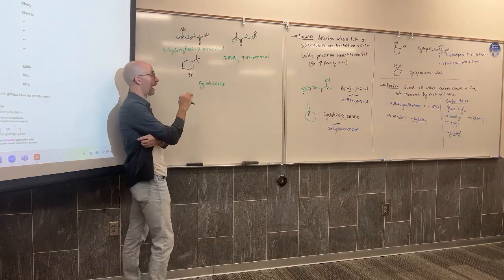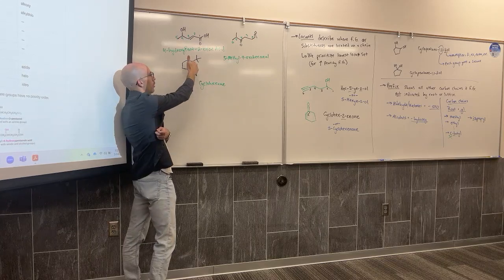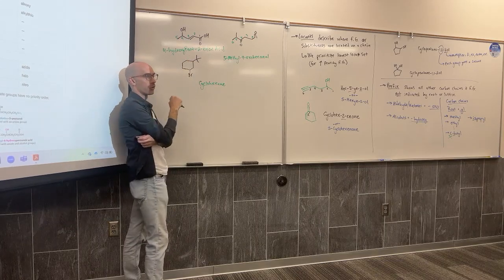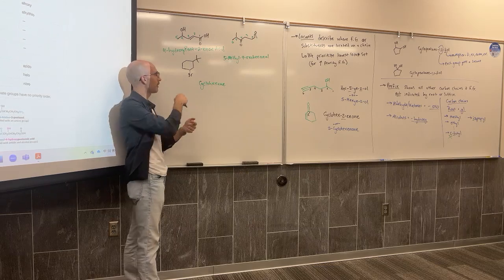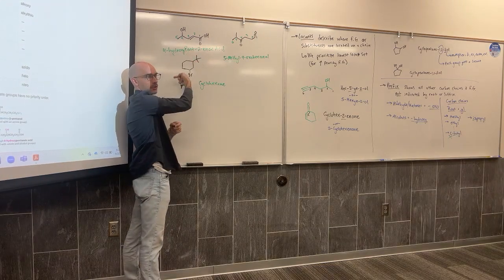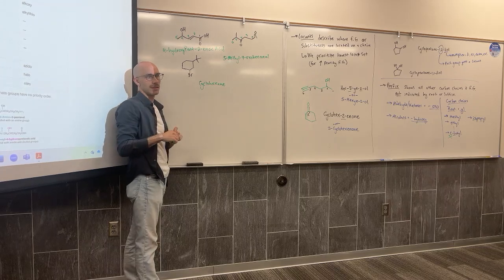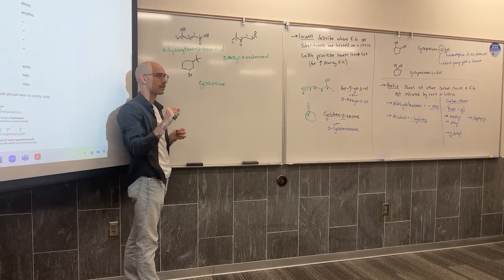Now, I could have numbered this 1 bromo, 3 tert-butyl, or 3 bromo, 1 tert-butyl. It's a tie in either direction. So how do I decide whether to name it from bromine to tert-butyl or from tert-butyl to bromine? Shortest way. When there's a tie, what'd you say? The shortest way.